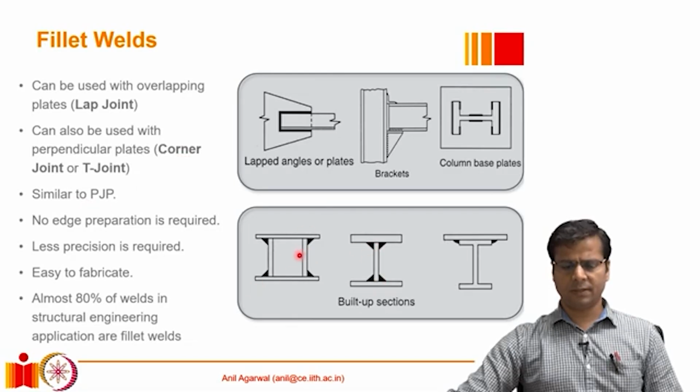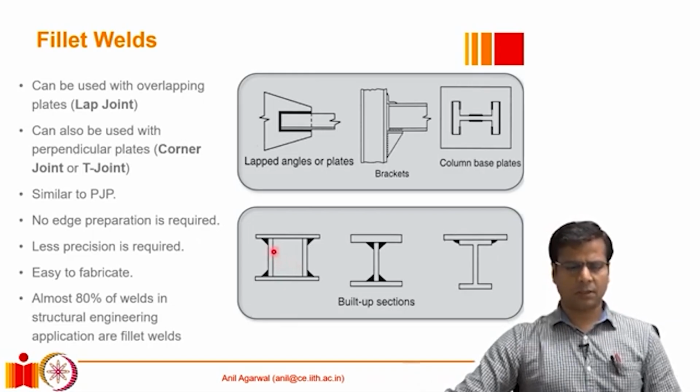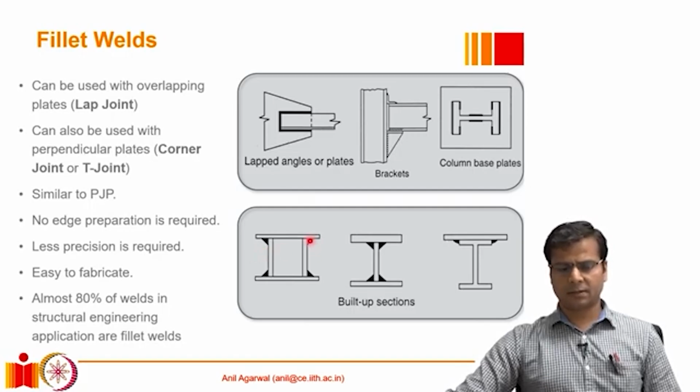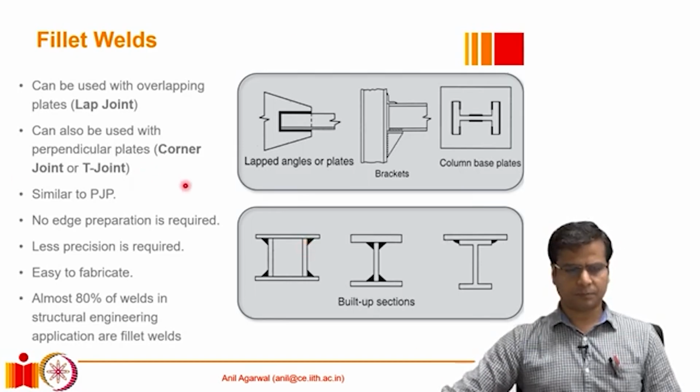So in many ways, fillet welds are somewhat similar to partial joint penetration groove welds. The reason for that is that in partial joint penetration groove welds also, some surfaces are fully fused, but some surfaces are not fully fused. That is also the case with a fillet weld. I will show you here with an example.